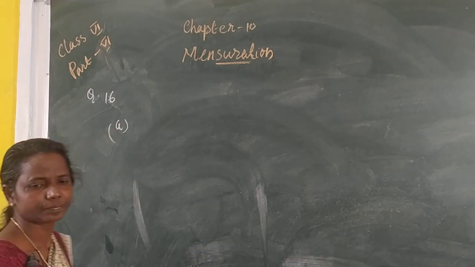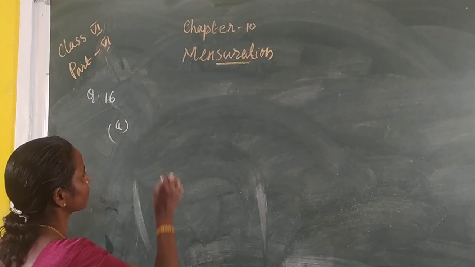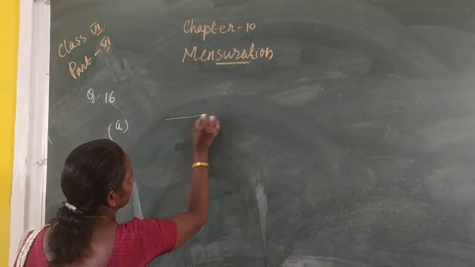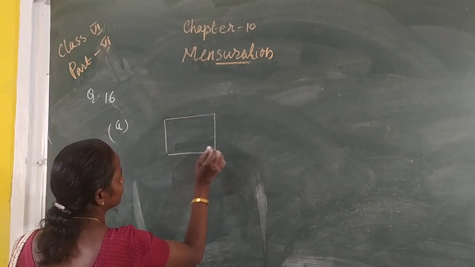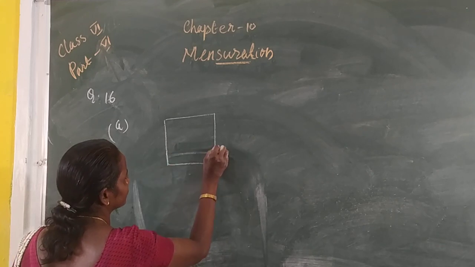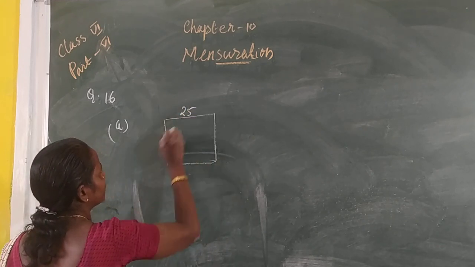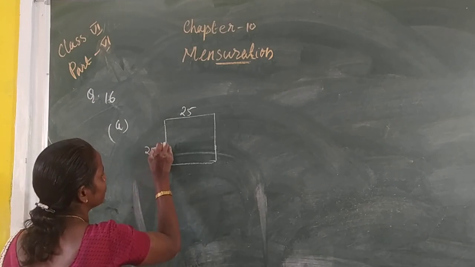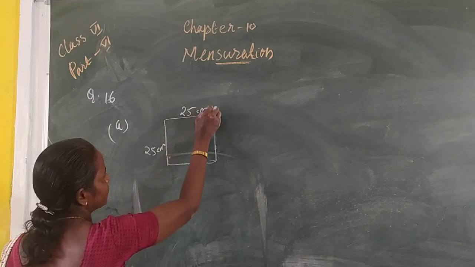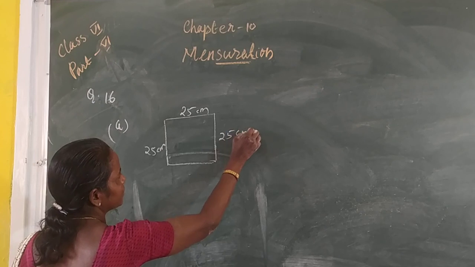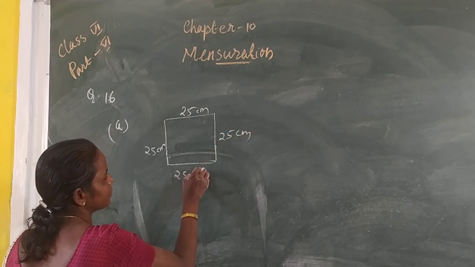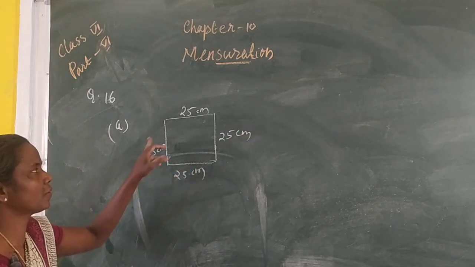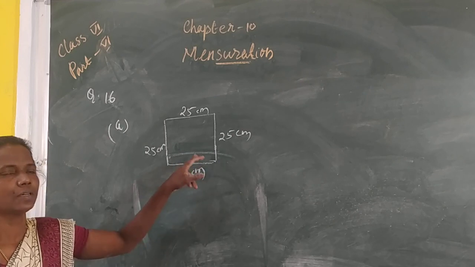A: all sides are 25 centimeters, this also 25 centimeters, 25 centimeters. Look, which shape has all sides equal? So this is a square.